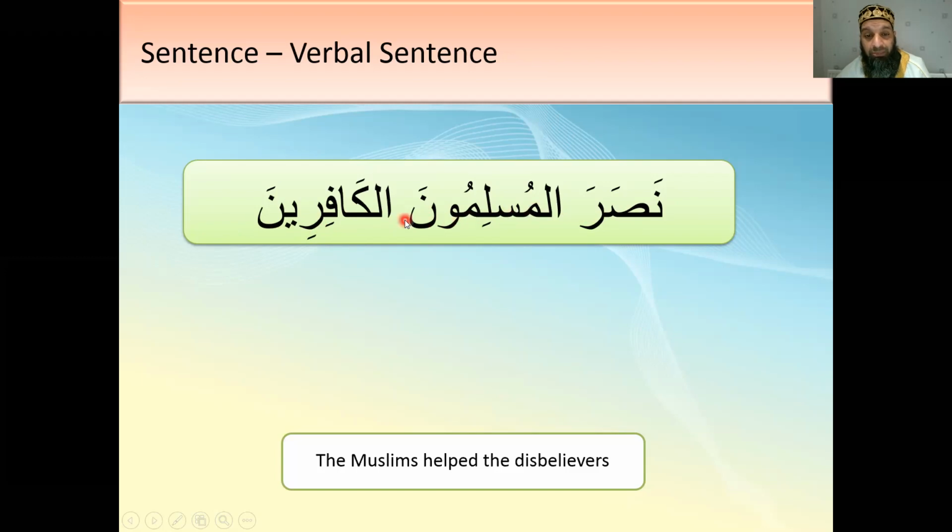They were both helped. Yes, so somebody helped the Muslims and the disbelievers. That's how important the cases are in Arabic. They are that important. It will change the meaning completely. So you have to know what's going on in the sentence.